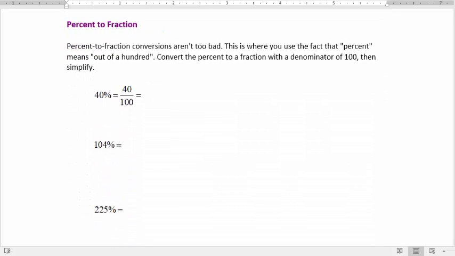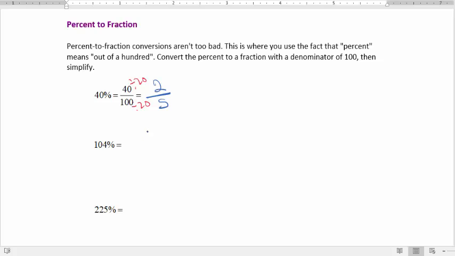Now when you're going from percent to fraction, I guess the easiest way to do it is realize that percent means out of 100. So 40% would mean 40 hundredths, and then you try to reduce it, right? So 20 will go into both of those. So 20 will go into 40 twice, and 20 will go into 100 5 times, right? Because remember when we did fractions, we're thinking of this as dividing by 20 and dividing by 20 because that was your GCF.